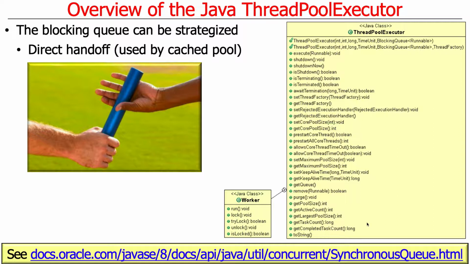When you submit a task for execution, it will create a new thread to handle that request if there is not already a thread available in the pool. If there's a thread available in the pool to run it, it'll give the work to that thread. But if there's no thread in the pool, rather than queuing things up, it'll create a new thread on demand. So it's an on-demand creation approach. That's what's called direct handoff.